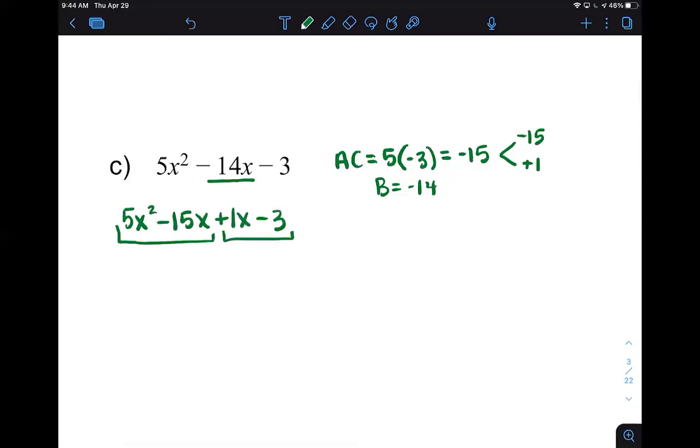Looking at the first two, 5x squared minus 15x, what's the GCF? 5x. And then divide. What's 5x squared divided by 5x? 1x, or just x. Negative 15x divided by 5x? Negative 3.